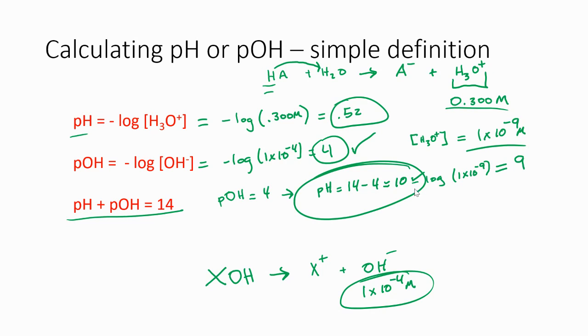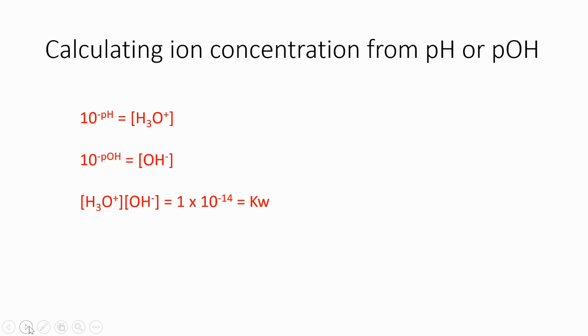Let's look at one other thing before we finish up this video. What if you were given the pH of a solution, but asked to work backwards to find the concentration of a given ion? Let's say I have a pH of 5.2, and I want to find the H3O plus concentration. All I have to do in order to find it is say 10 to the negative pH.